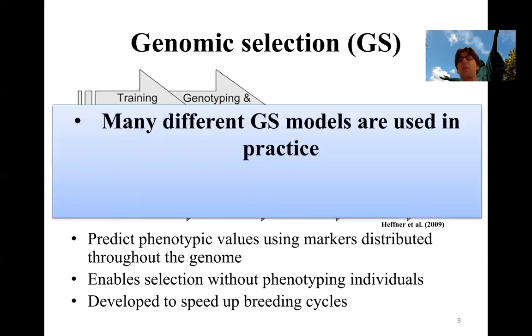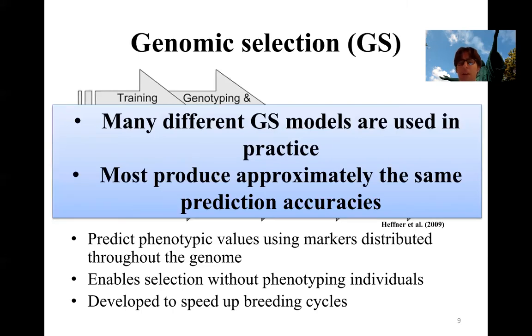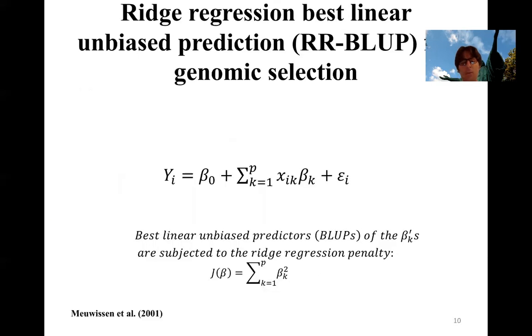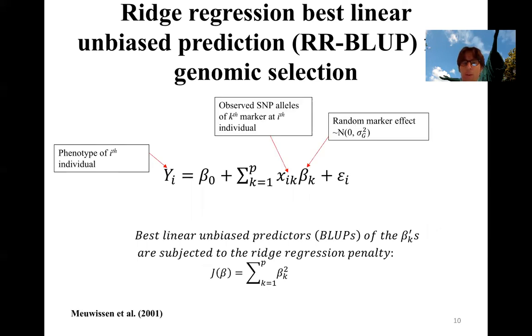So there are many different variations of genomic selection models that are used in practice. In my experience, most produce approximately the same results. So here is one of the models that's widely used. We have the RR-BLUP model. Our Y variable is the trait of interest. We have all of our markers included in the model as X variables. And then we have our error term and intercept.